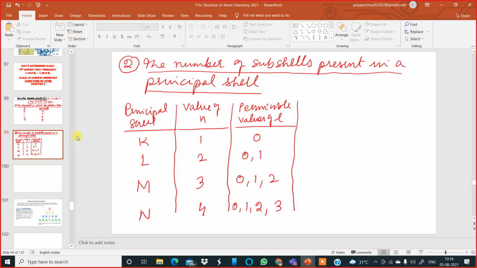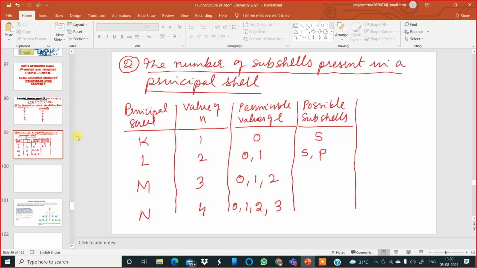Now the next column is the possible subshells. Now the possible subshells for the values of l: when it is 0, this is s. When it is 1, it is p.